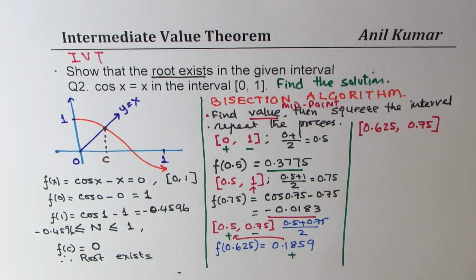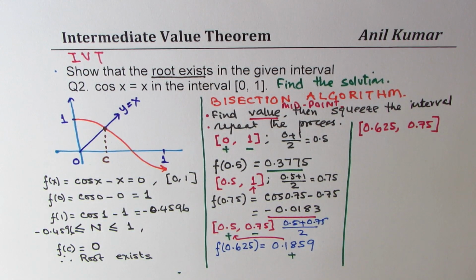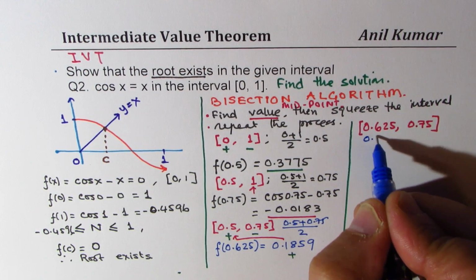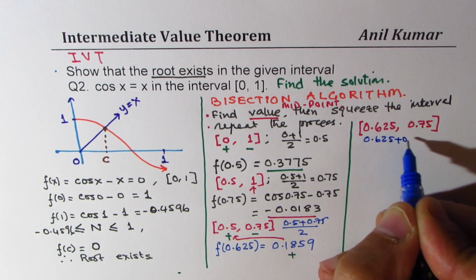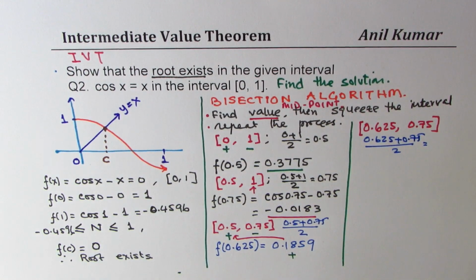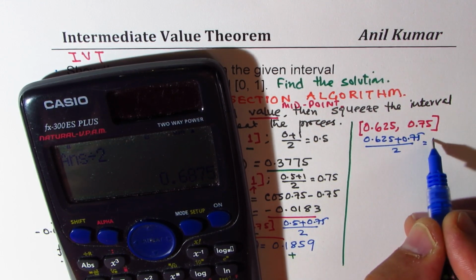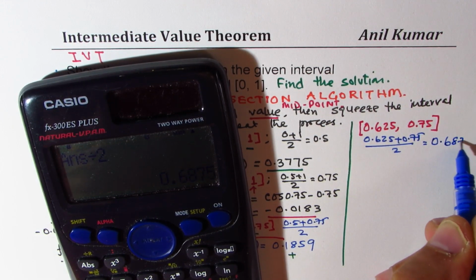Again, let's find the mid value. 0.625 plus 0.75 divided by 2 is, in decimals, 0.6875.